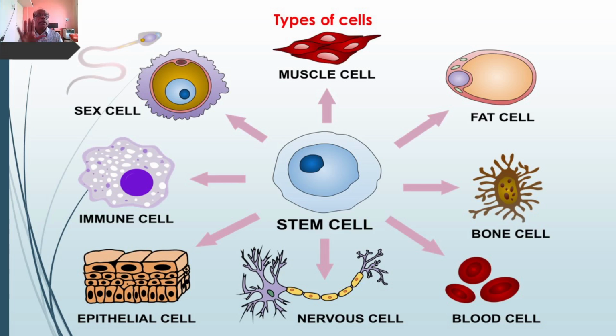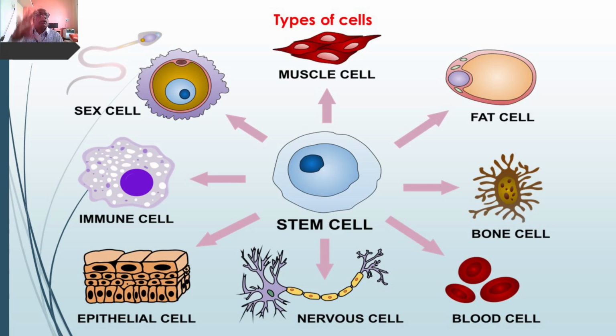Nowadays, in modern days, stem cells are used for therapeutic purposes, for the treatment of a particular disease or disorder. This is a modern concept, a new approach to the treatment of certain diseases or disorders in human beings, that is, the use of stem cells for therapeutic purposes.